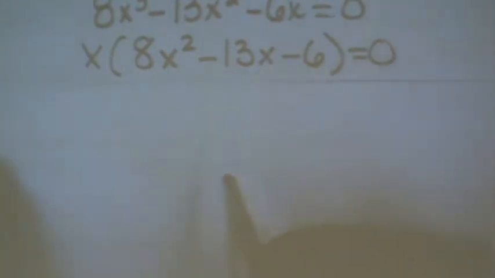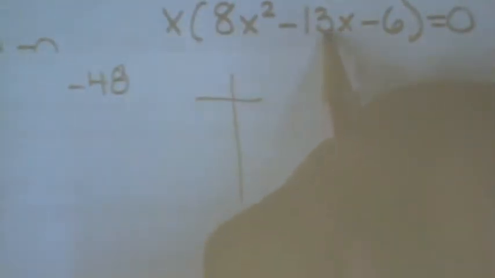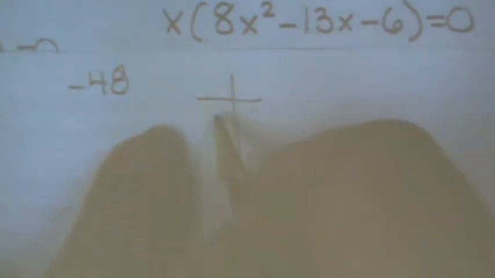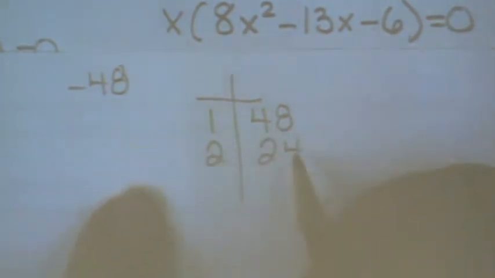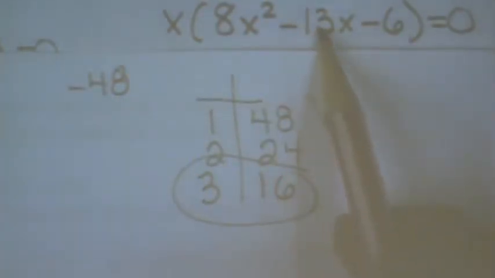So what two numbers multiply to give you negative 48, but add to be negative 13? So I start with 1 times 48, 2 and 24, 3 and 16, and there it is right there. These two, 3 times 16 is 48, and we can get these two to add to be negative 13.